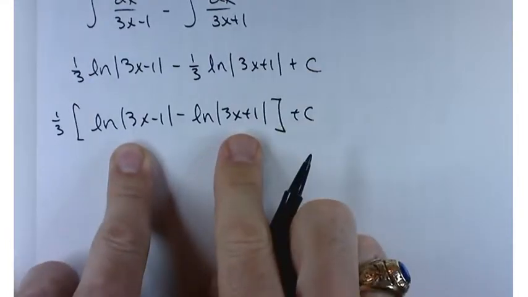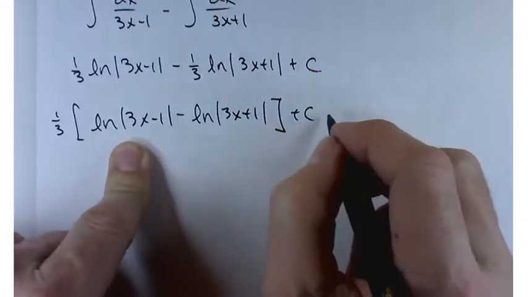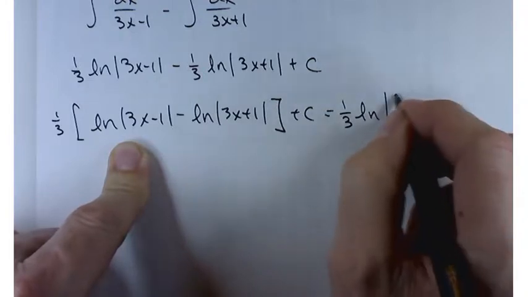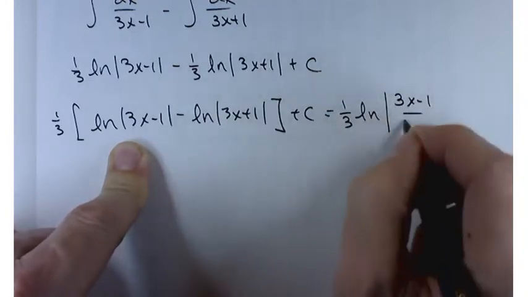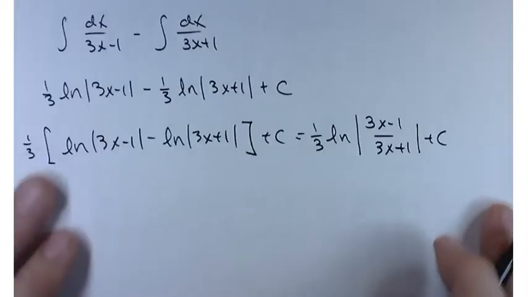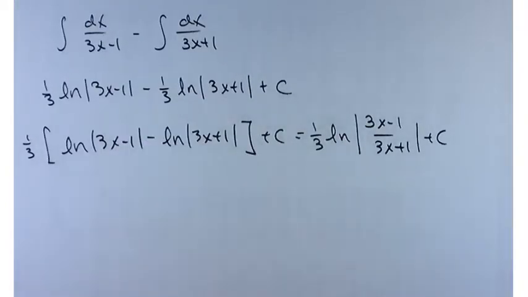And here they're going to use the quotient rule. So it's going to be 1/3 the ln of 3x minus 1 over 3x plus 1. So they're just using the quotient rule in this last part.